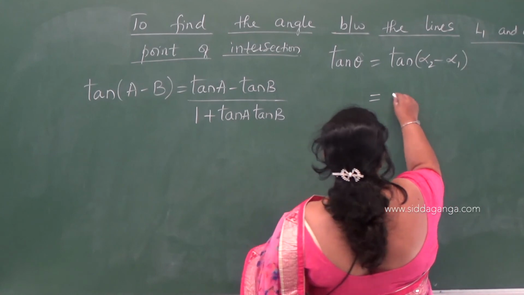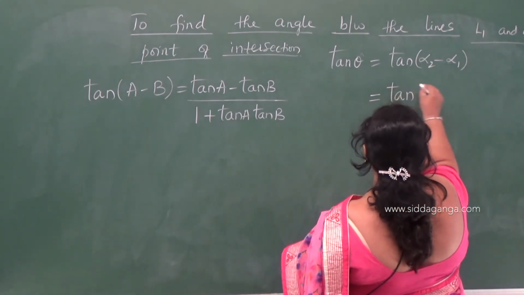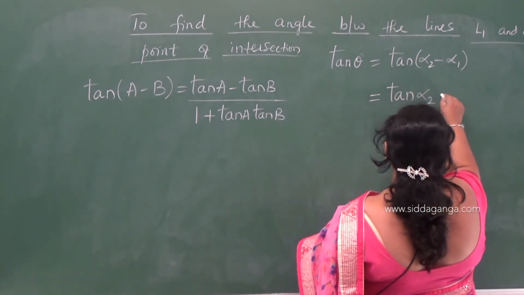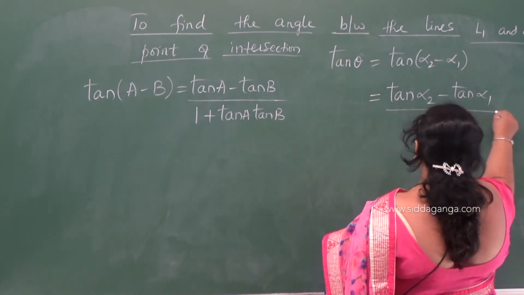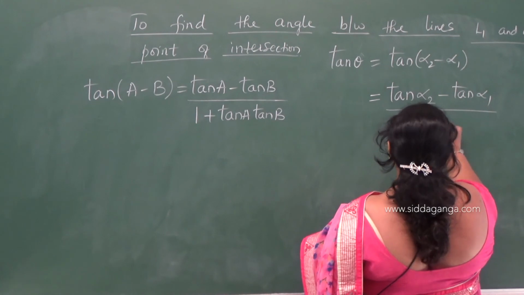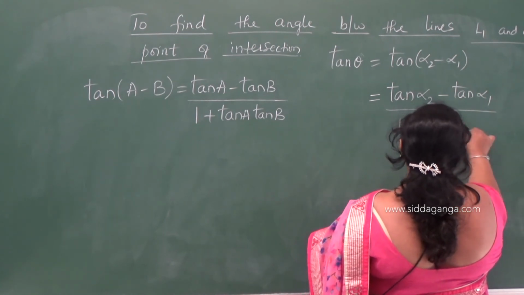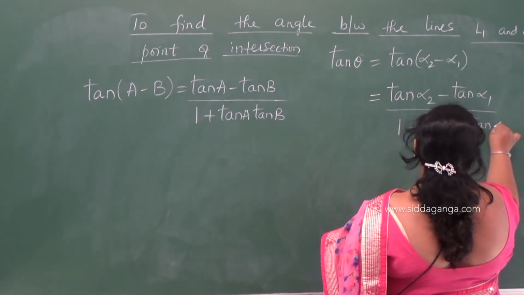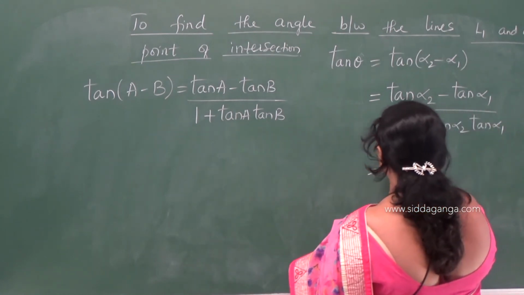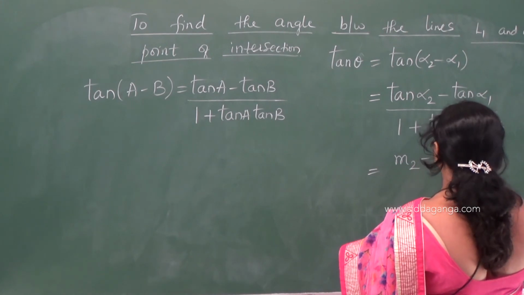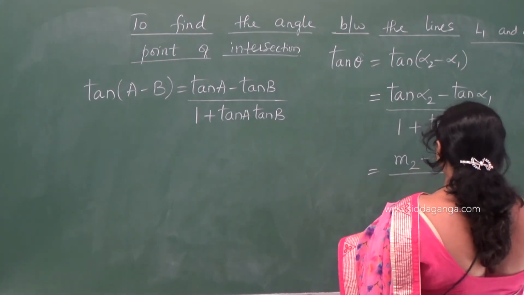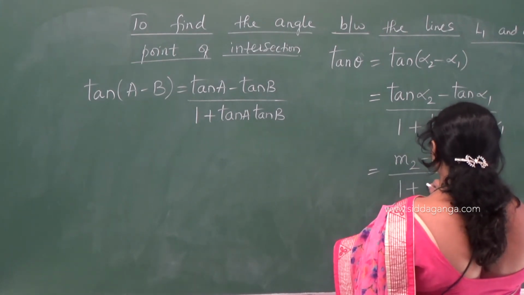Then we get tan alpha 2 minus tan alpha 1 divided by 1 plus tan alpha 2 into tan alpha 1. We know that tan alpha 2 is the slope of the second line and tan alpha 1 is the slope of the first line.